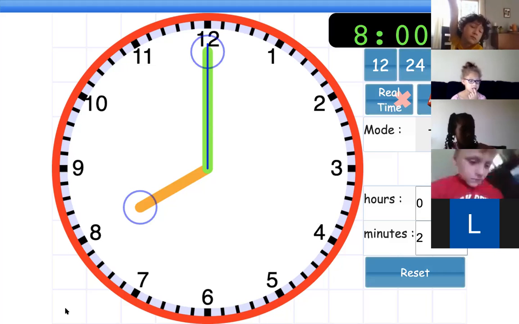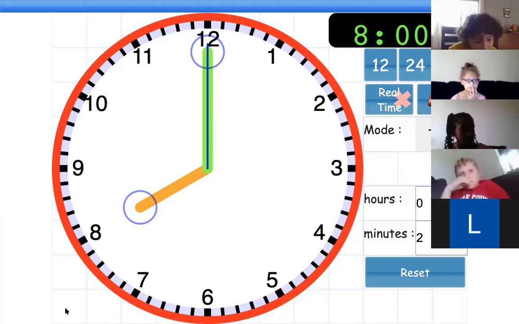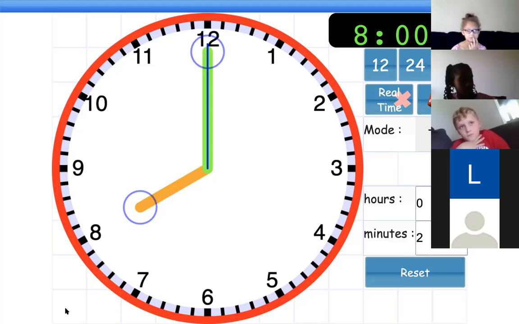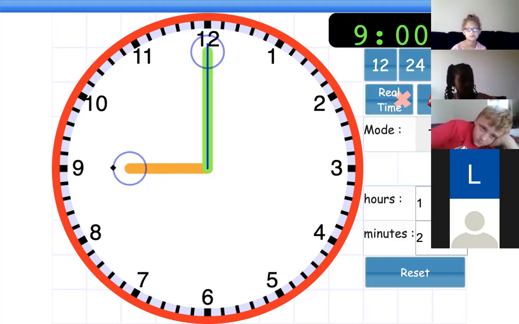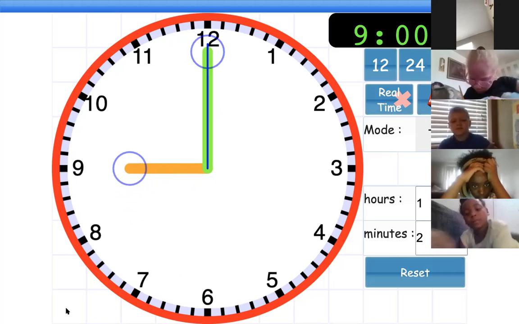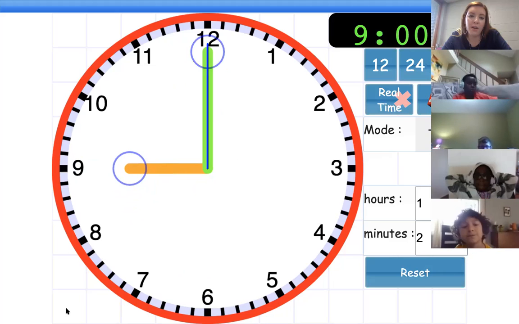Irsu? Orange one would go to the 9. Yep. And my minute hand stays on the 12. Great, nice job.